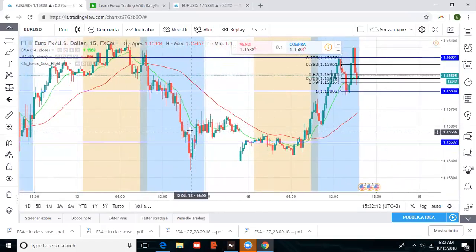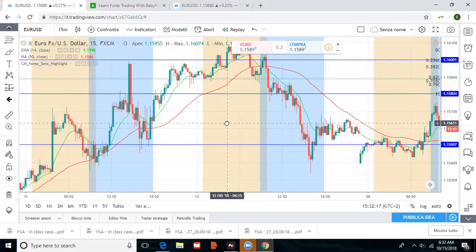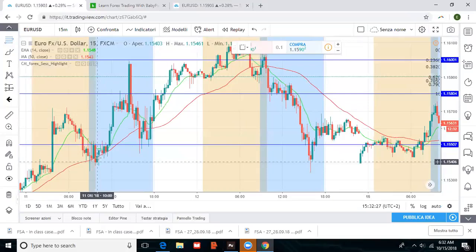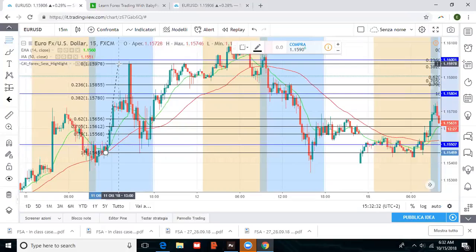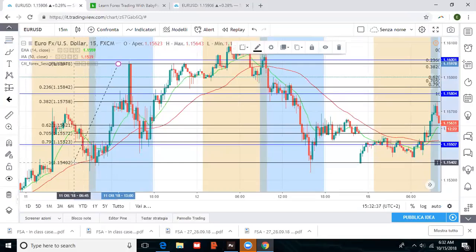So let's see if I can find another example. So, for example, Fibonacci levels from here to there. Oh, sorry. From the lowest point in this case, because this is just all messy right here.